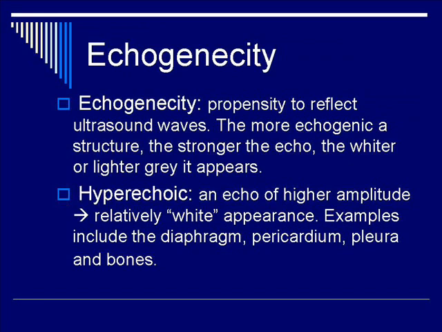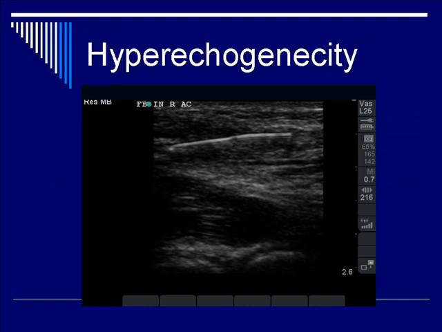This next slide is an image of an ultrasound scan of a hypodermic needle within the surface of a patient's forearm. You can see here that there is a long linear structure with a hyperechoic nature to it.